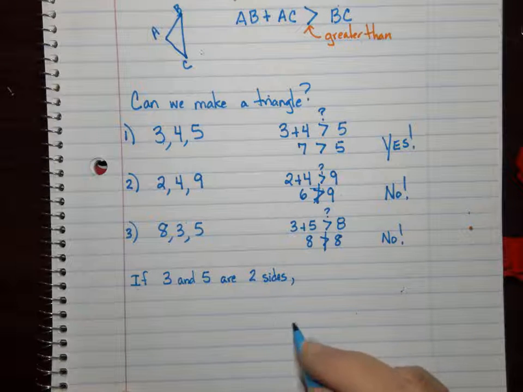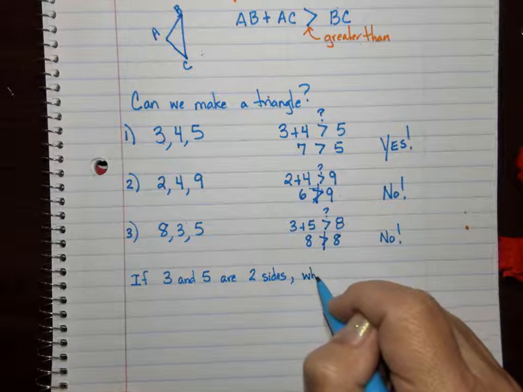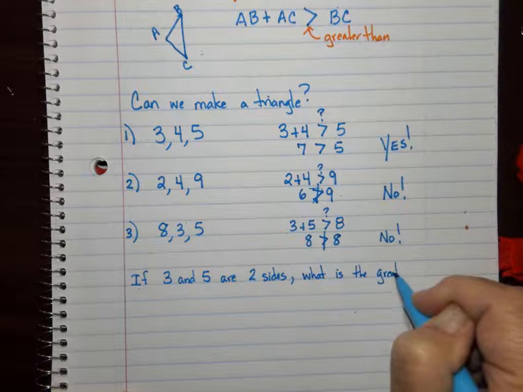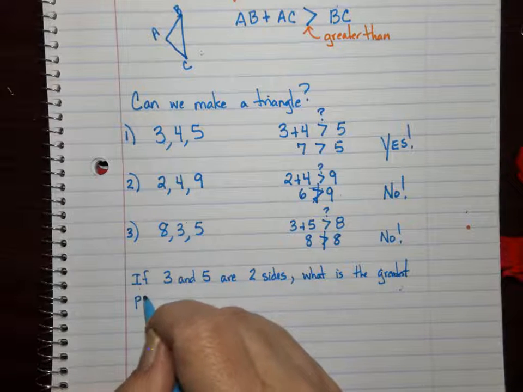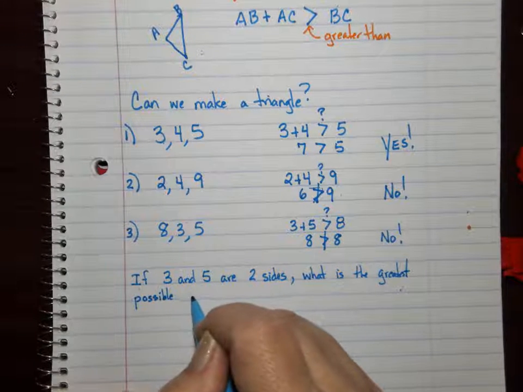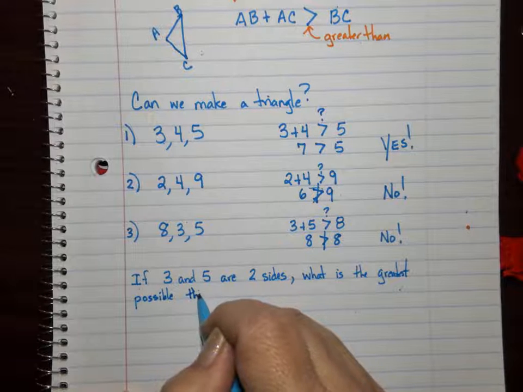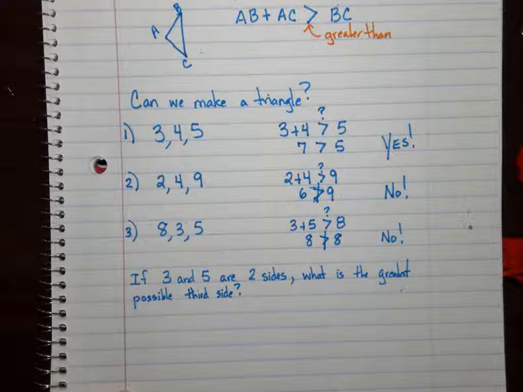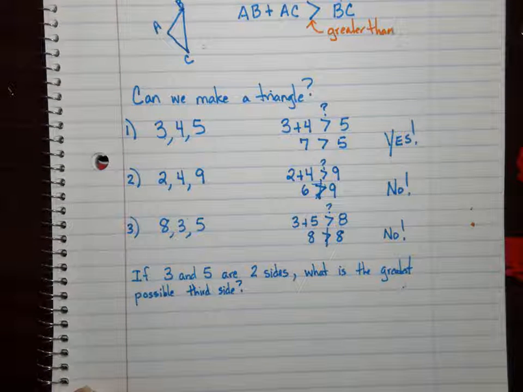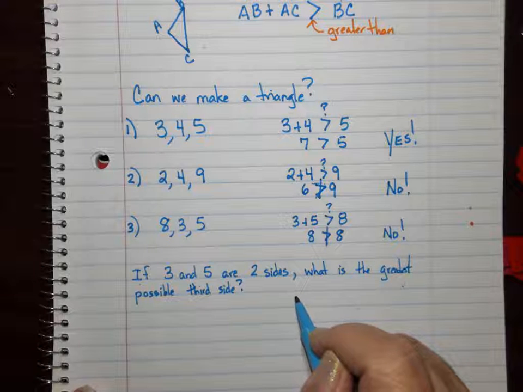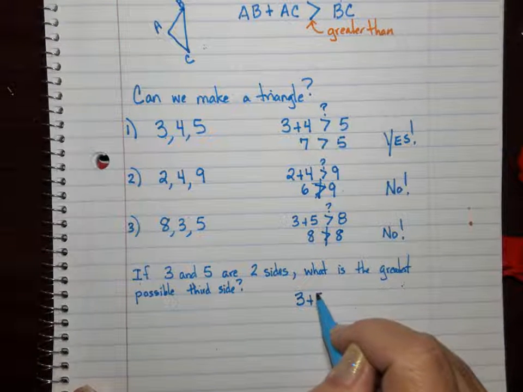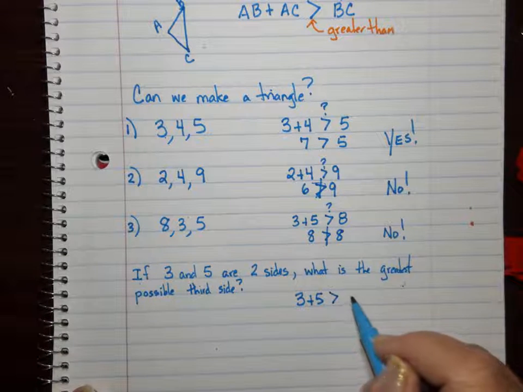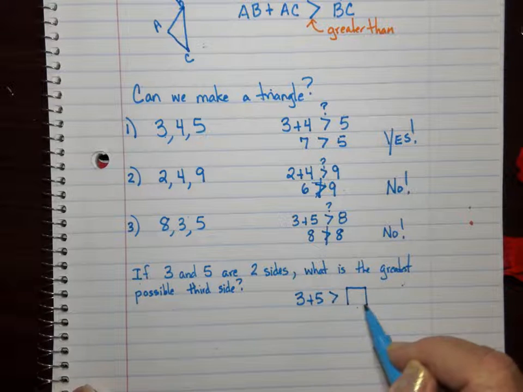If 3 and 5 are 2 sides, what is the greatest possible third side? So if you have 3 and 5, 3 and 5 are going to be greater than, think about what number could go there.